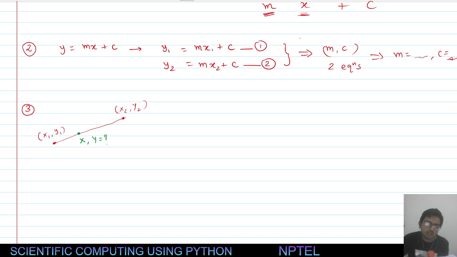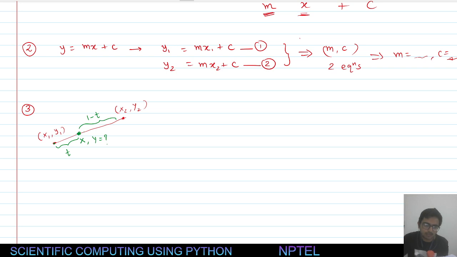And since it's linear, we can imagine that it is dividing this line into two parts, which has some ratio. So we can say this is t and this is 1 minus t. So t is the fraction of length of this line that has been covered by x, right? When t is 0, it's here. When t becomes half, it will be at the midpoint. At t equal to 1, it is x2.